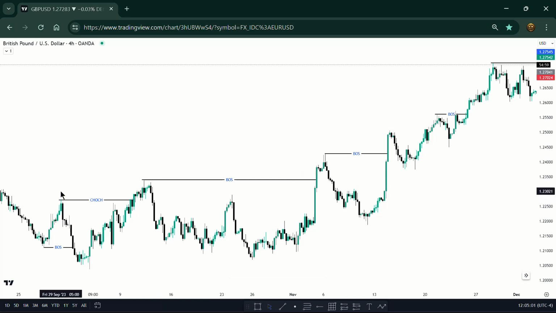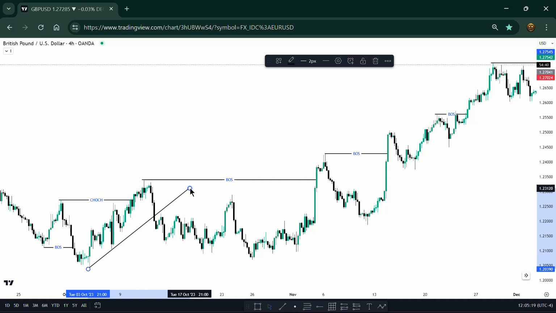Let's say after this change of character here, the market was going up. So there's someone who was connecting dots. There are a lot of types of liquidity, but today we're just doing trend line.